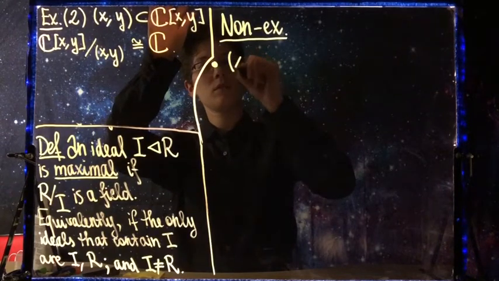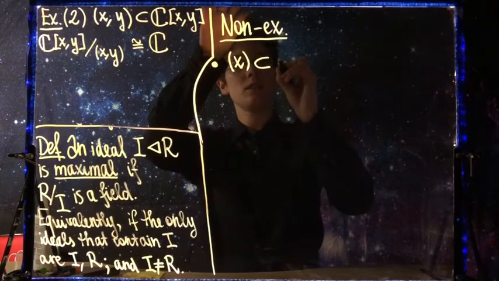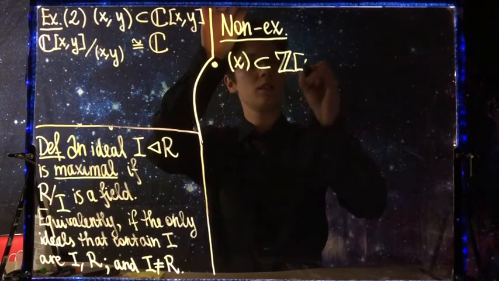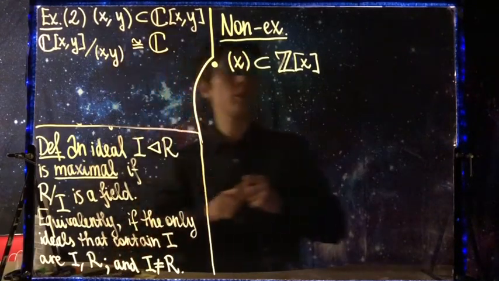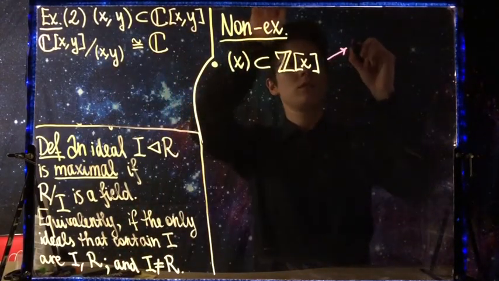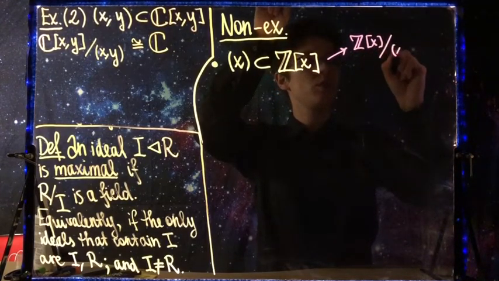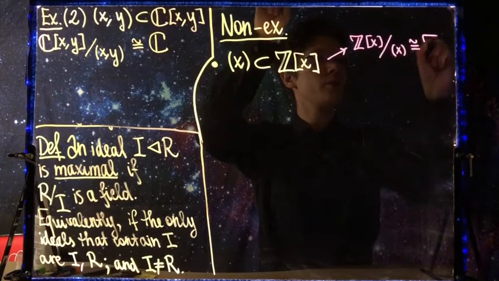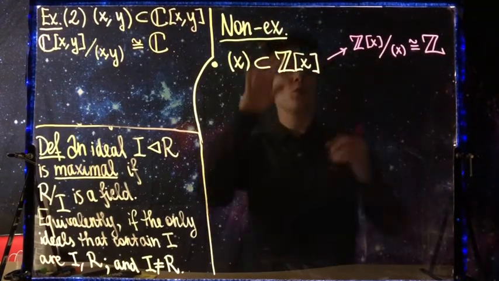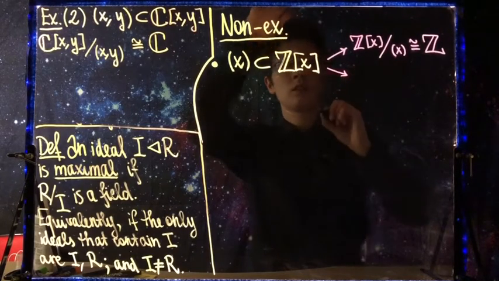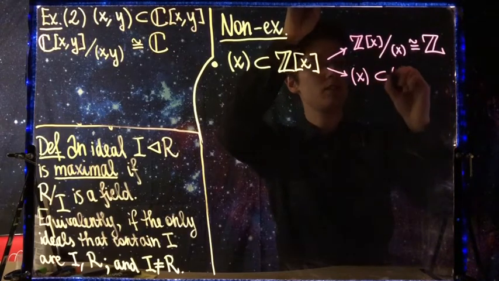First, the ideal generated by x inside of Z[x] is not maximal because Z[x] mod x is isomorphic to Z, which is not a field, or we can also find a proper ideal which contains x.